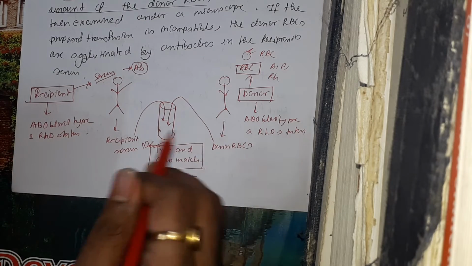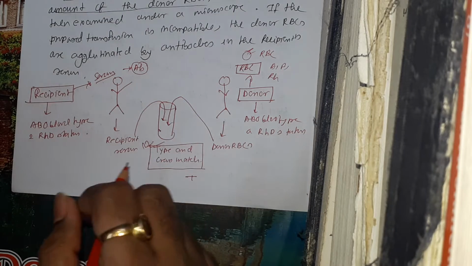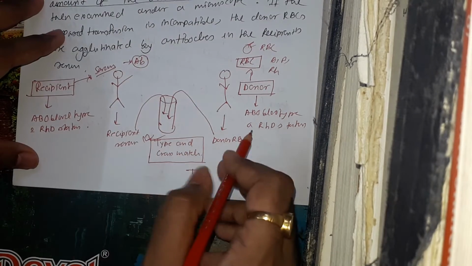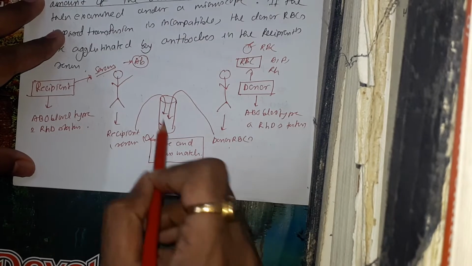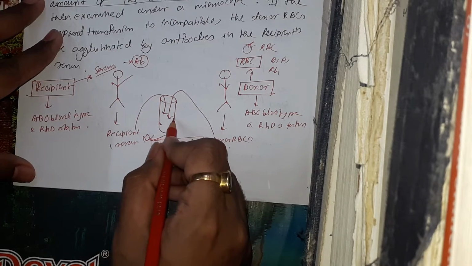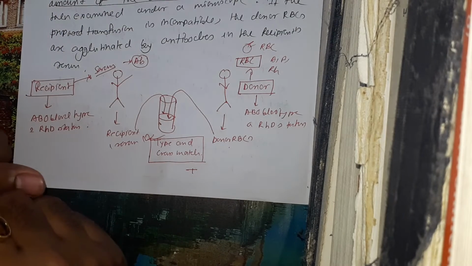transfusing the donor's blood to the recipient, we need to perform a test that we call the cross match test. In that test, we take the donor's RBC and the recipient's serum and mix them in a test tube, and after that we examine it with a microscope.